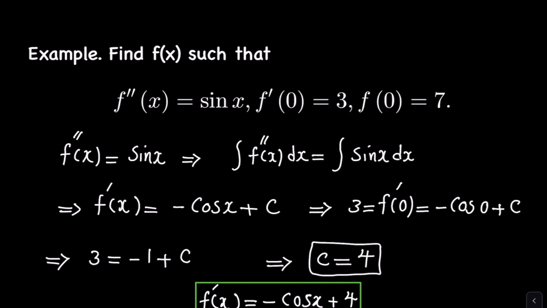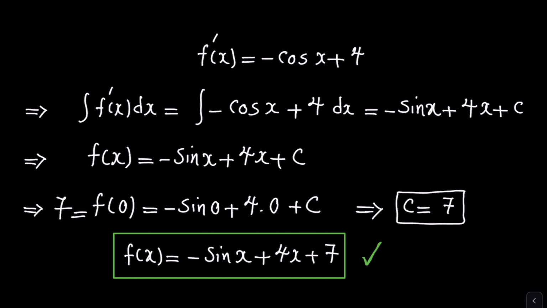Now you see that by integrating once and using this piece of information that I have about f prime at 0, I now have a formula for f prime. If I repeat this process one more time, if I integrate f prime, then the derivative will be gone and I will have a formula for f.